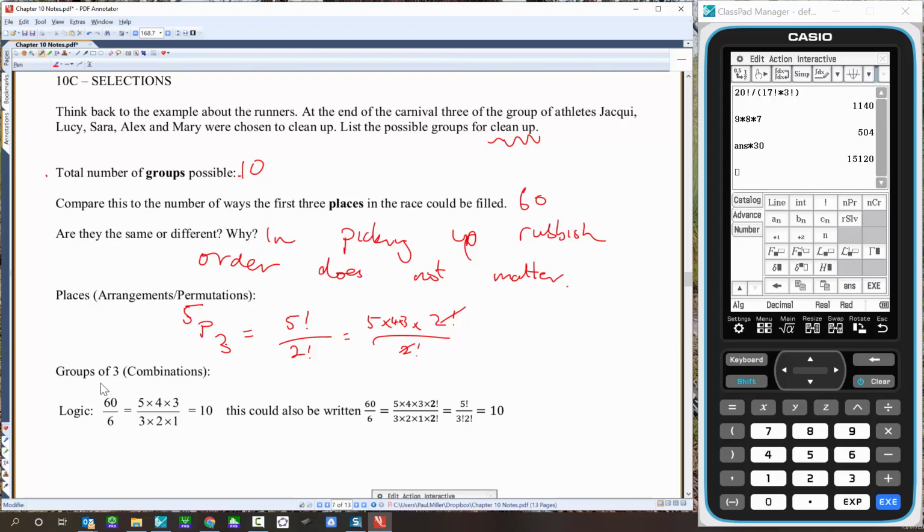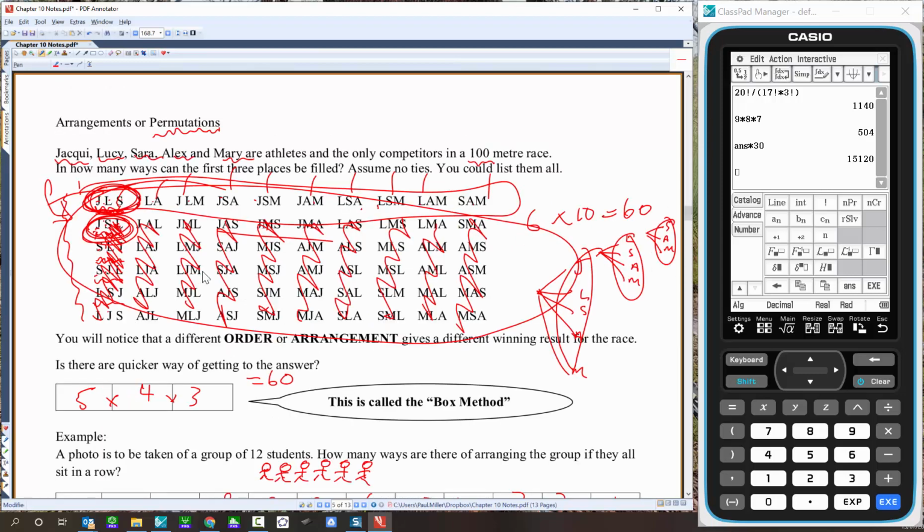Now notice that if we're looking at groups of 3 and we're doing combinations rather than permutations, now talking about the context of rubbish cleanup, then those 60, what I do is I divide it by 6. Now why 6? Well, you notice that back on this page, each particular one, this variation here, SAM, could be rewritten 6 different ways. But the 6 different ways don't matter.